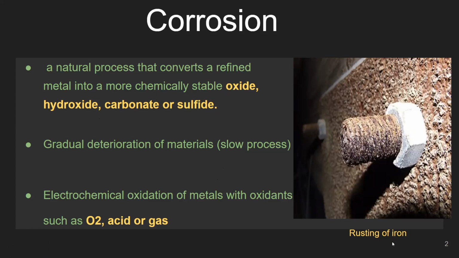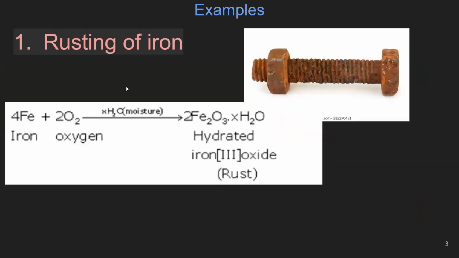On the right hand side, you can see the picture of corrosion of iron, that is rusting of iron. This is one of the examples of corrosion. What happens in rusting of iron? In rusting of iron, iron in the presence of oxygen and moisture transforms into hydrated iron 3 oxide, that means Fe2O3.xH2O. Why is it xH2O?